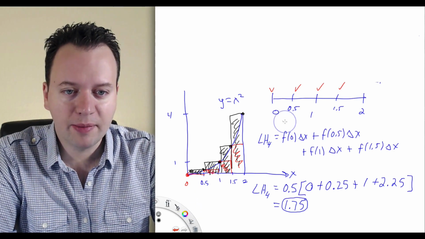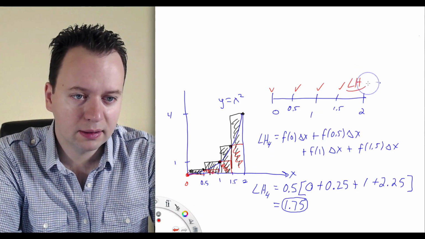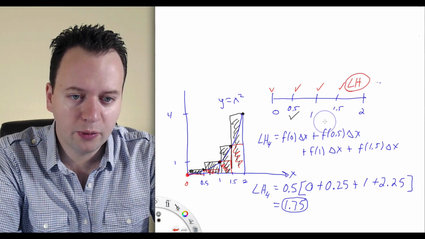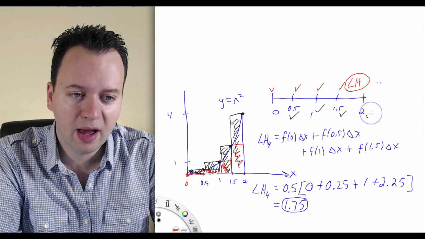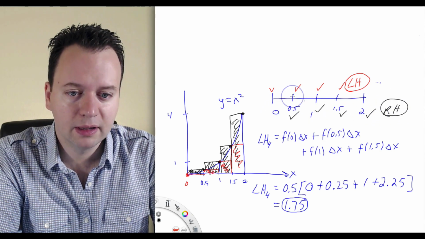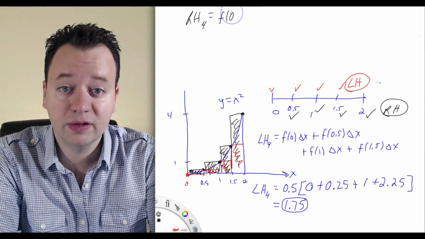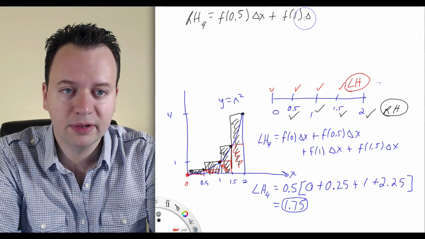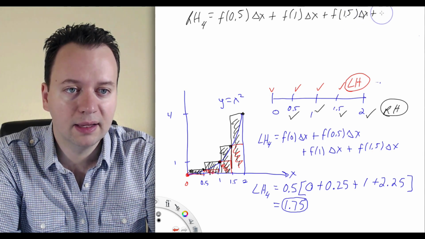So for the right-hand Riemann sum, so here's the left-hand points. So for the right-hand points, we're going to use 0.5, that's the right endpoint of the first interval, 1, 1.5, and 2. So those are my right-hand points. So the right-hand Riemann sum is going to be f of 0.5 times delta x plus f of 1 times delta x plus f of 1.5 times delta x, and then plus f of 2 times delta x.